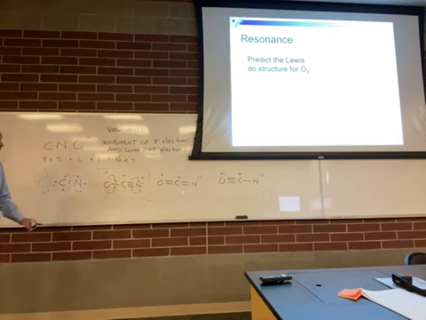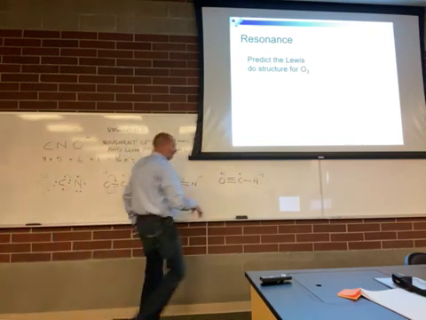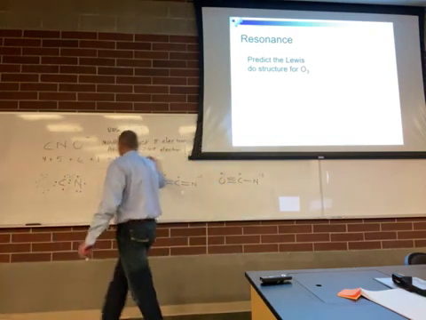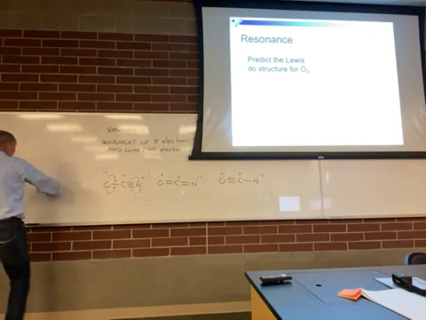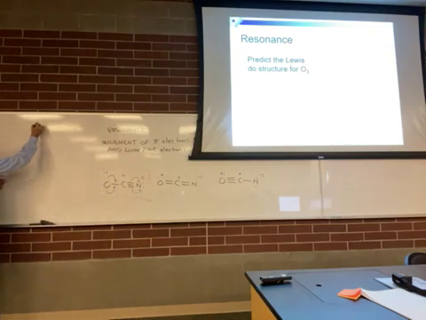Okay? So when I calculate the structure for something like ozone, ozone is an interesting molecule. Ozone is O3. There are 2 ways to put together good Lewis dot structures for ozone. Let's talk about them. One way is to do, so 6 times 3 is 18 electrons.